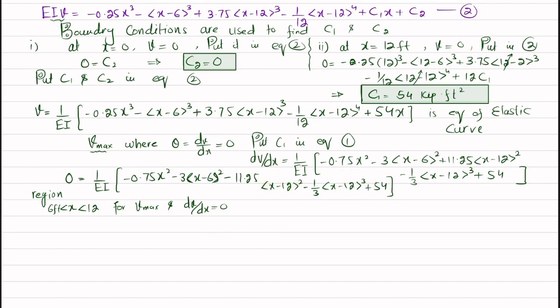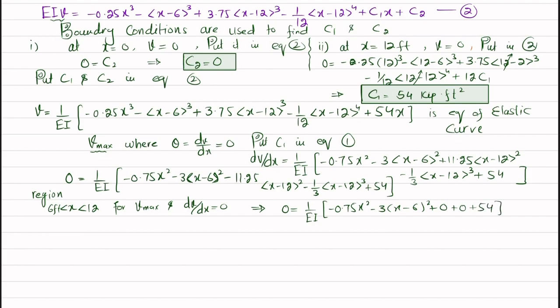So we will be left with 0 is equal to 1 over EI into minus 0.75 x square minus 3 into x minus 6 square plus 0 plus minus 0 plus 54.